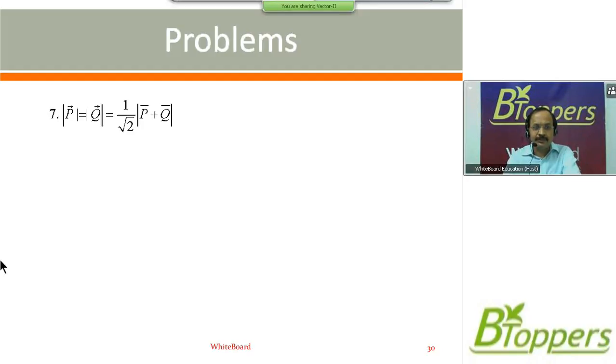You can try it. You take a pause and try. Answers are 90 degrees and 45 degrees. That means the angle between P bar and Q bar is 90 degrees. The angle between P bar and resultant of P bar and Q bar is 45 degrees.